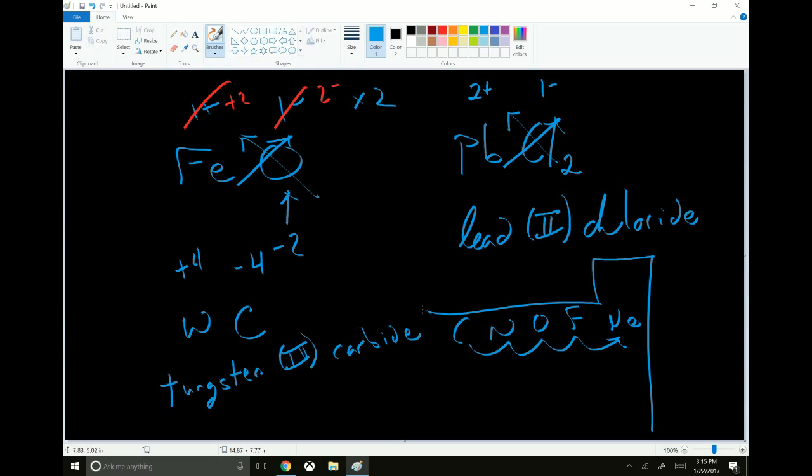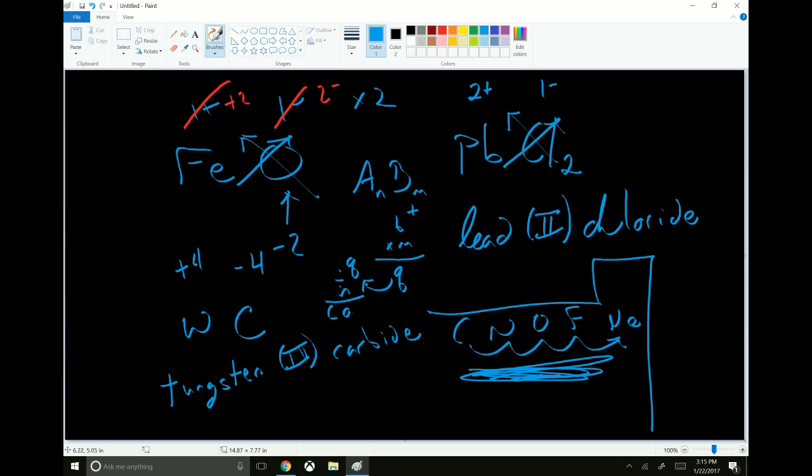Bringing the numbers up is probably not the way to go, because you're still going to have to do the jumping around and finding the charges. I think your best bet is going to be A, B, M, N: B plus times M gets you Q. Q divided by N gets you A minus.